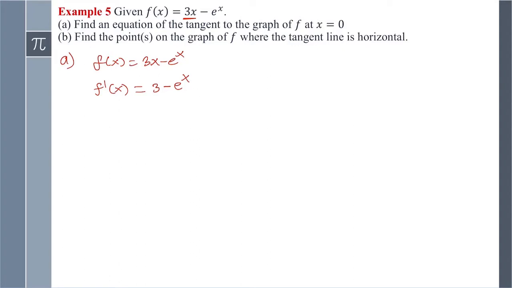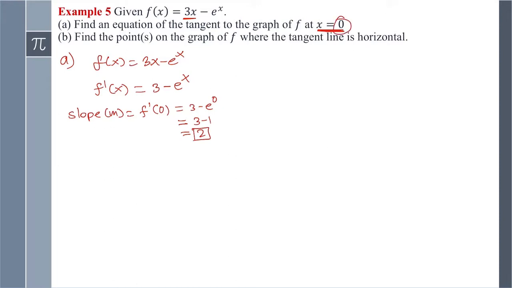Now our slope of the tangent line is given by finding the slope at x equals 0. So the slope is f prime of 0 equals 3 minus e to the 0, which gives us 3 minus 1, and that is 2. So that's our slope. Now we need a point.